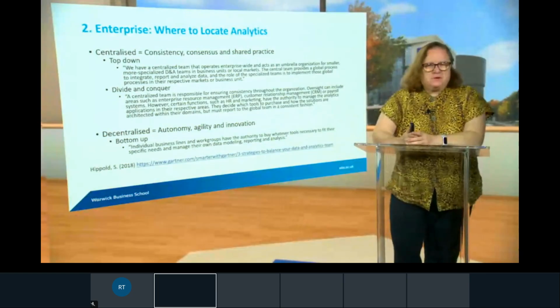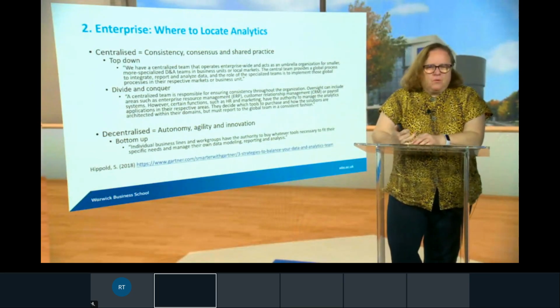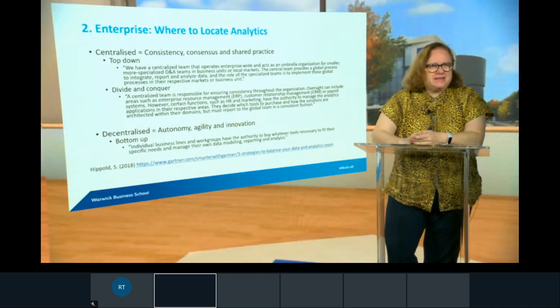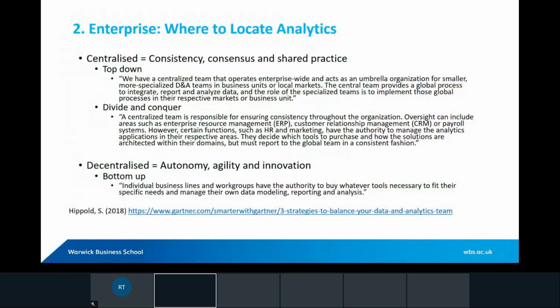Okay, so bearing in mind all of that about the culture, where's the analytics function in all of that? Is it, this slide says, is it something that is centralized, either a top-down version or divide and conquer? Or is it decentralized? Is it a bottom-up structure?